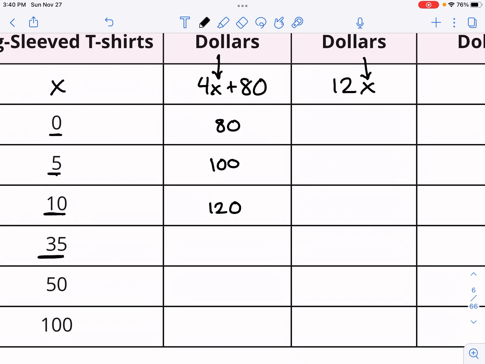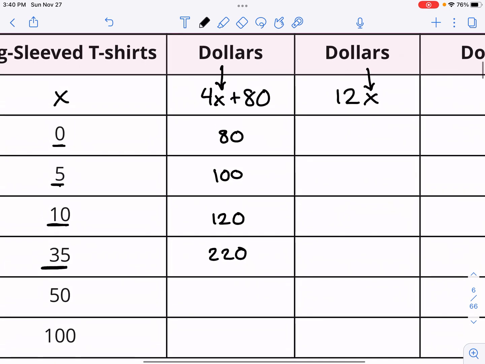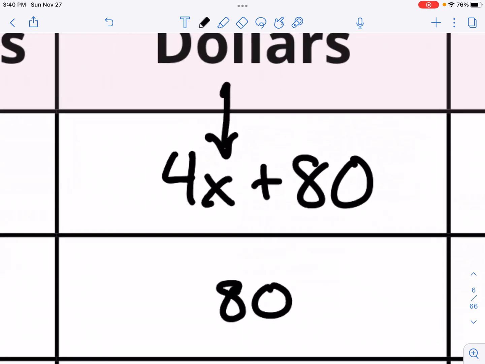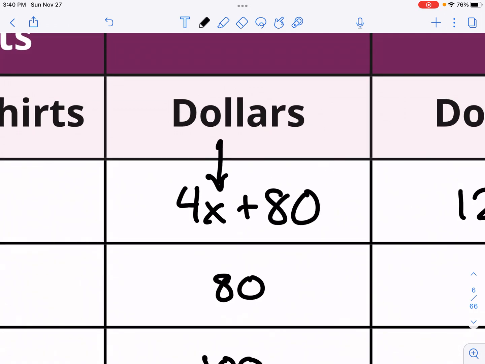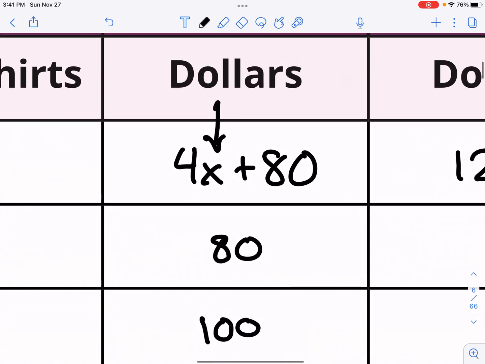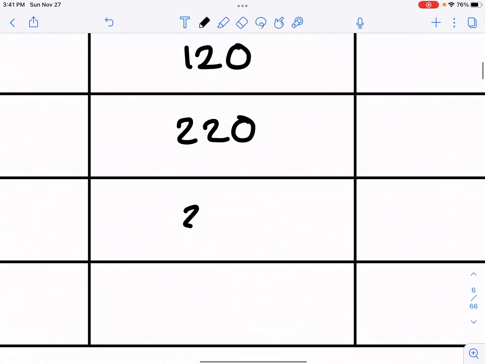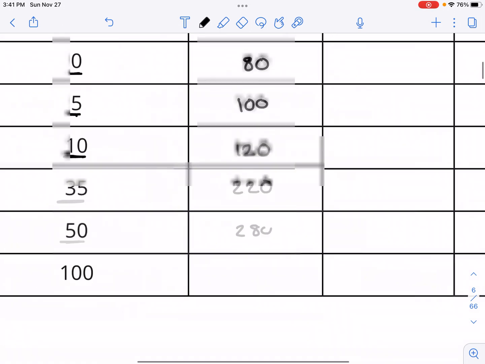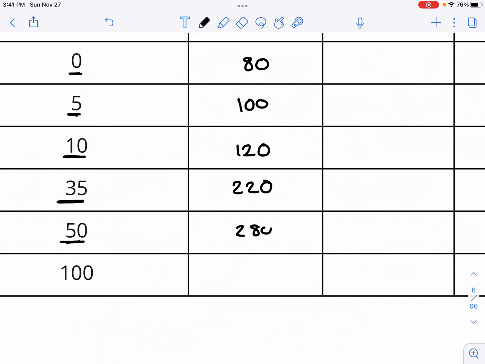We go to 35. I'm going to give you the answer for that. 4 times 35 is 140, plus 80, that is 220. Two more, 50. 5 times 4 is 20, so 50 times 4 should be 200. 200 plus 80 is 280. And the last one, 100, this will give us a cost of 480.